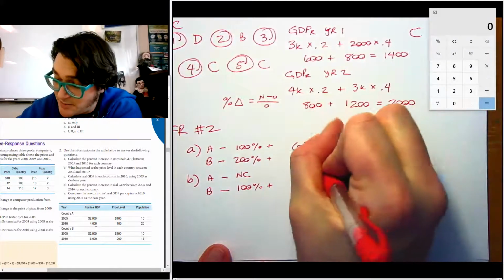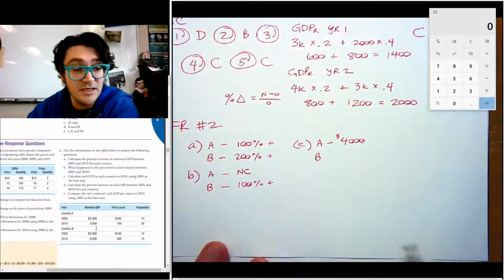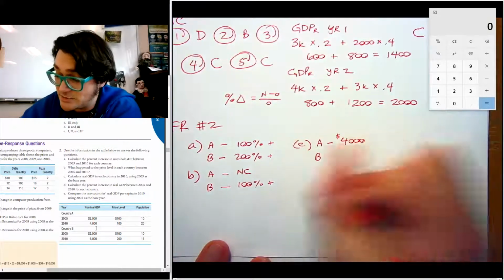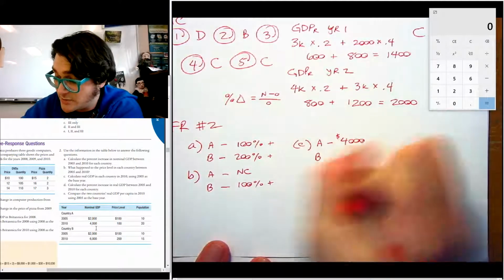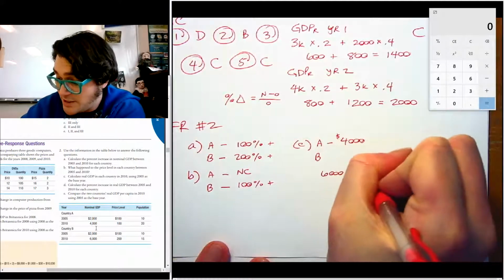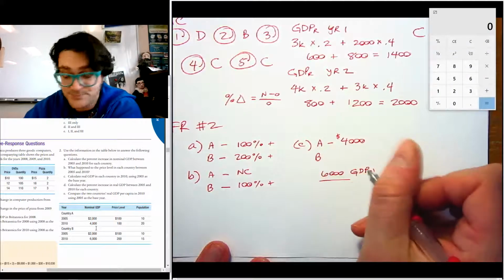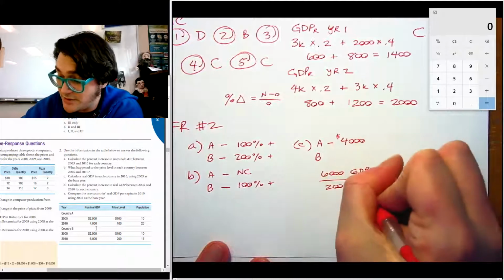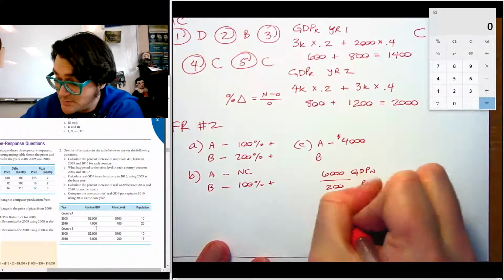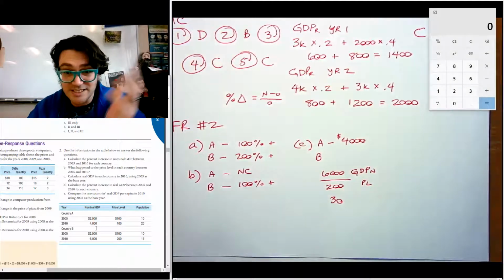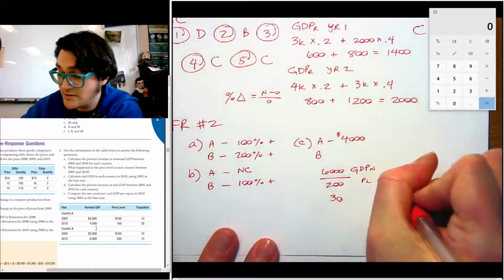For B, though, it's going to be trickier. So first, we're going to figure out how much stuff B made in the year 2010. We know they made $6,000 worth of nominal GDP, and then we'd divide that by the price level, which is 200, and that tells us how much stuff we made. So we made 30, whatever this thing is.